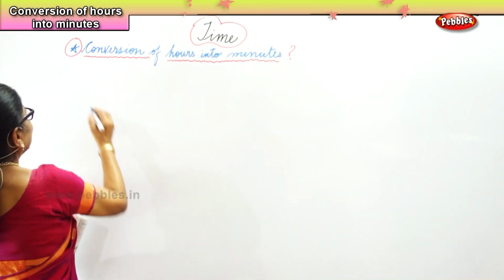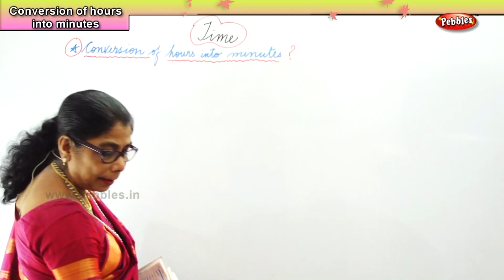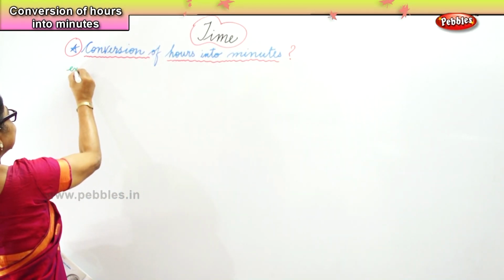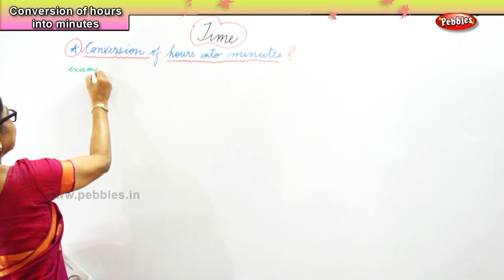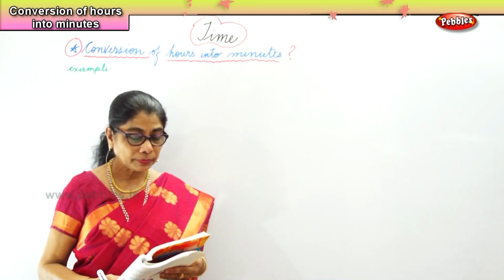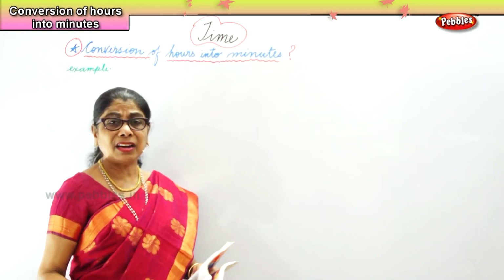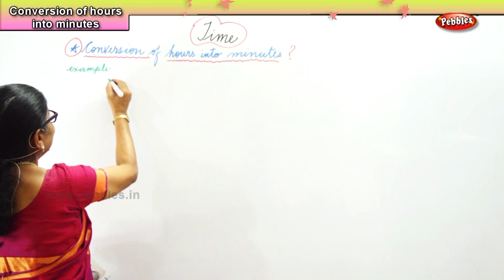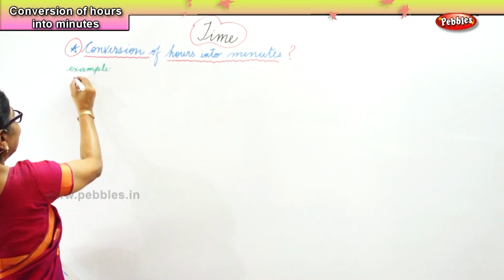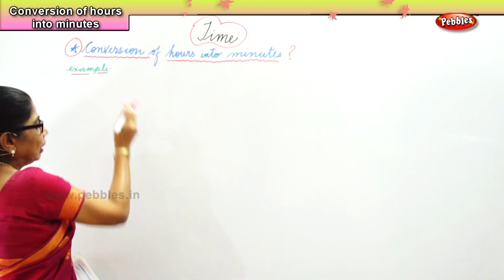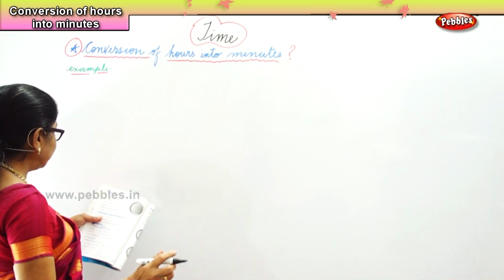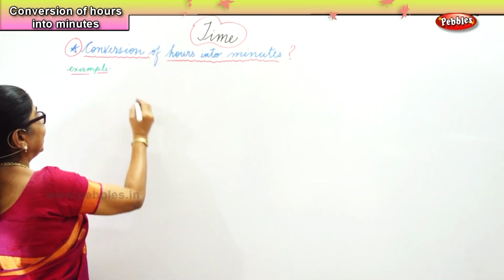First of all, let's do a small example. And here we're going to convert 7 hours into minutes. Okay? And we'll do a small sum here for us to understand what we are talking about.